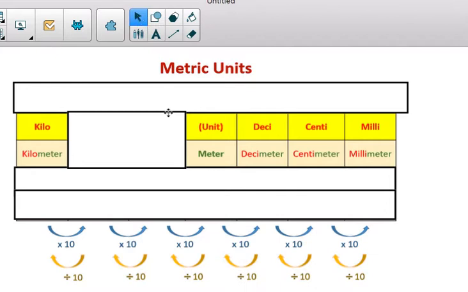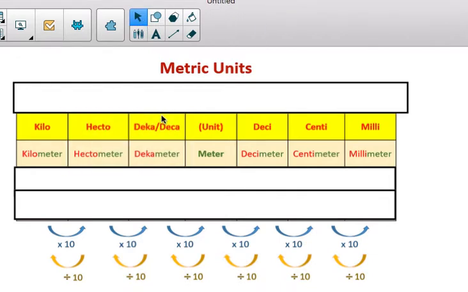So a meter multiplied by 10 would be a decameter, and a meter multiplied by 100 would be a hectometer. However, I never hear anyone use these two words except in school.